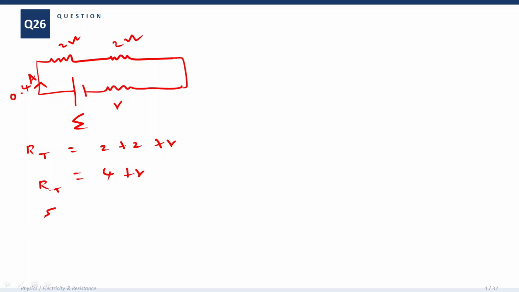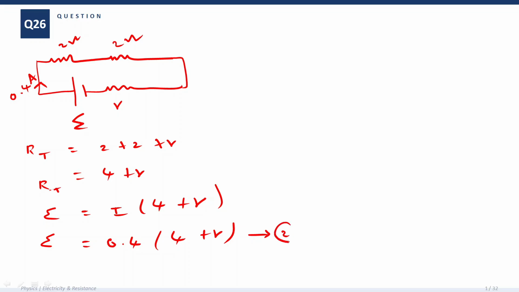Then epsilon equals I times the total resistance, 4 plus R. Epsilon equals current 0.4 times 4 plus R. This is equation 2. Equate equation 1 and equation 2.